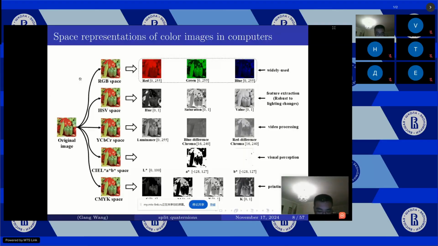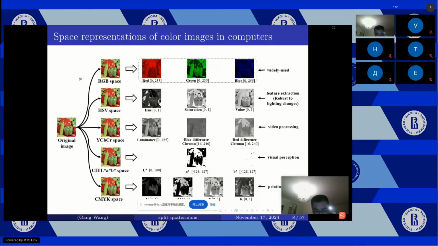Space representations of color images in computers typically involve encoding the image using multiple color channels. Each pixel in a color image is represented by three primary color channels: red, green, and blue, or RGB. The RGB representation is the most intuitive and simple method for encoding color images.